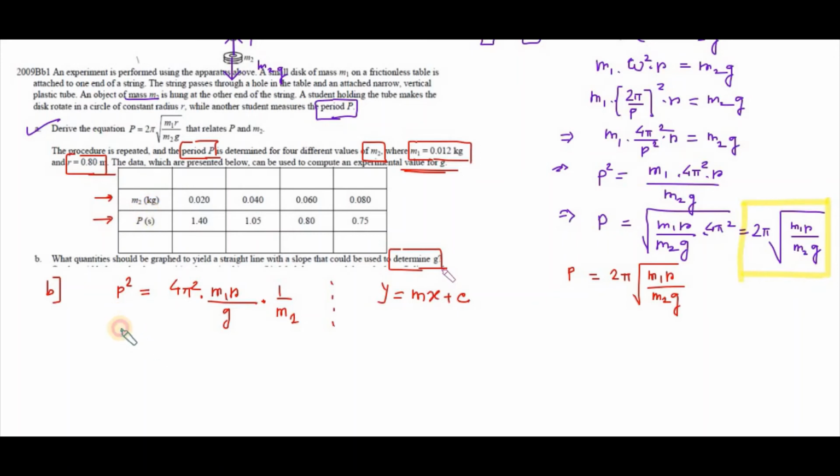So along the y-axis, if we plot directly P square, and along the x-axis we plot 1 by m2, then the expression 4 pi square m1 r by g will be equivalent to the slope, and the y-intercept term becomes 0 here.